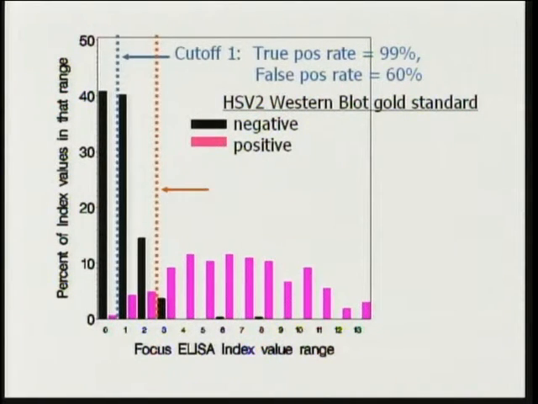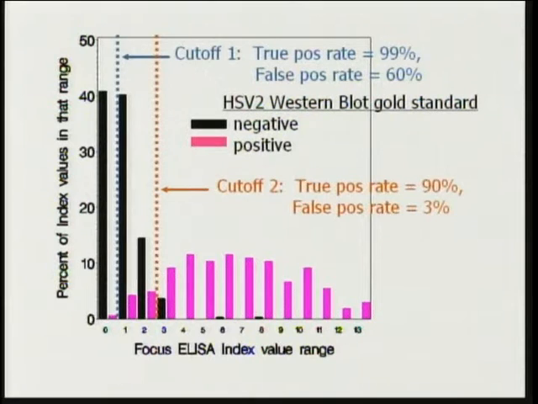Pick another cutoff, somewhere between 2 and 3, and we can get a much lower false positive rate. There's only about 3% of these little black bars that are above that point, right around here. And we still have 90% of the truly seropositive people above that line, so that's not bad, although we're trading true positive rate.